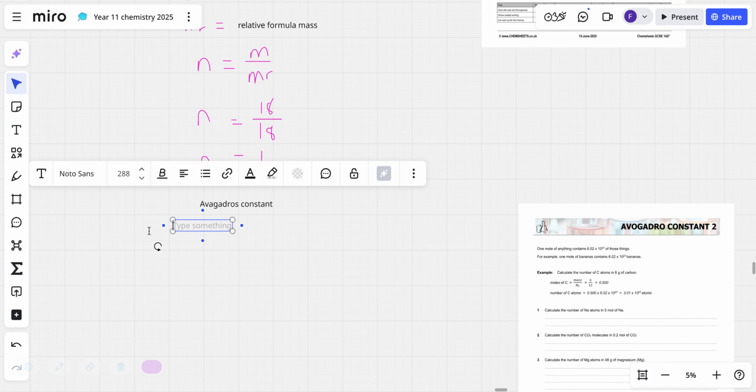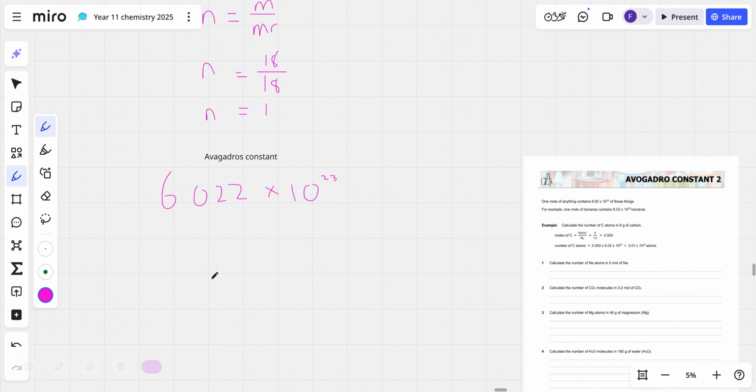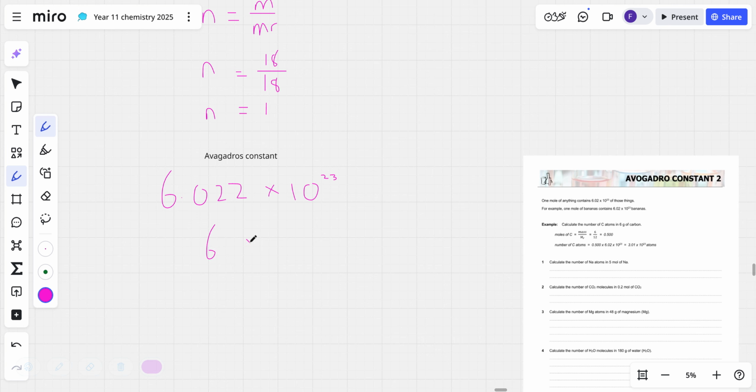And the number is, I'll write it in pen actually, 6.022 times 10 to the power of 23. Okay, and I'm going to round that up, 6 times 10 to the 23. This is a massive number. It is 6 followed by 23 zeros. I'm not writing that down, that's why I love standard form.